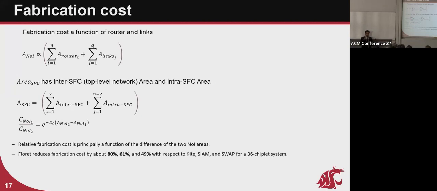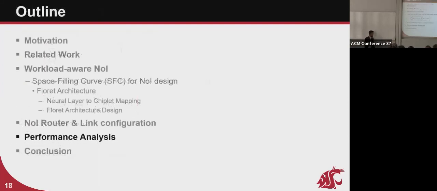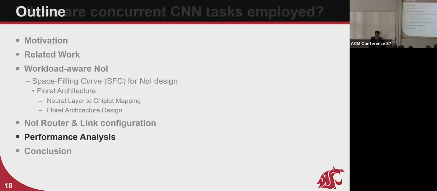Because we saw that figure about having smaller router ports, our fabrication cost improves 80%, 60%, and 49% with respect to counterparts Kite, SIAM, and Swap for a 36 chiplet system. This improvement actually increases as the system size scales, because Floret is linear whereas the other cases are not. We'll look into it again when we talk about the conclusion.